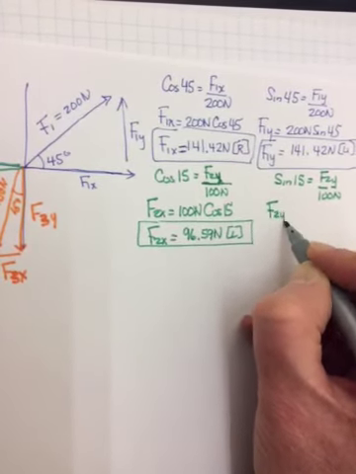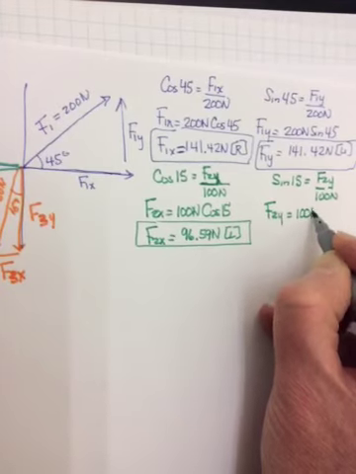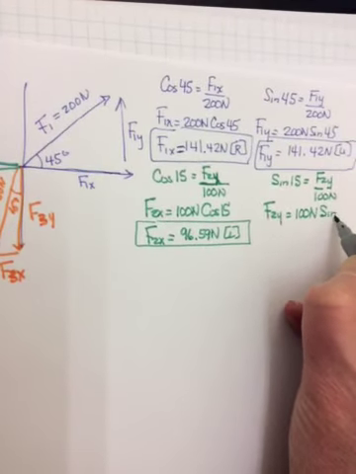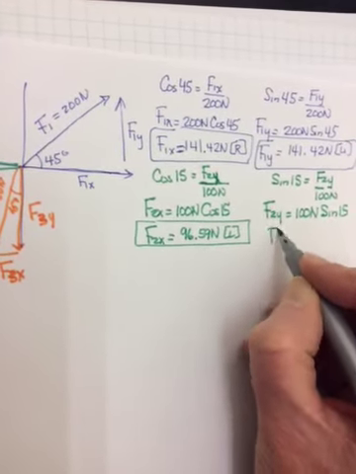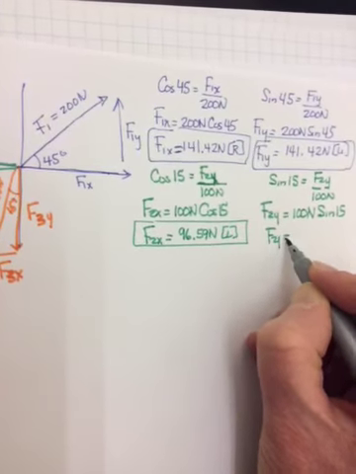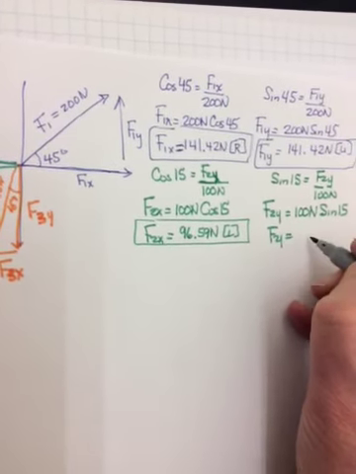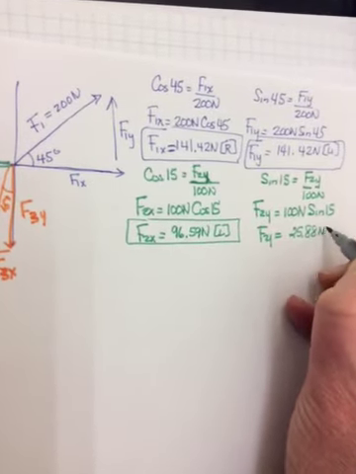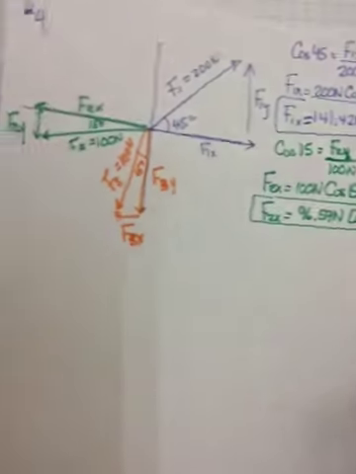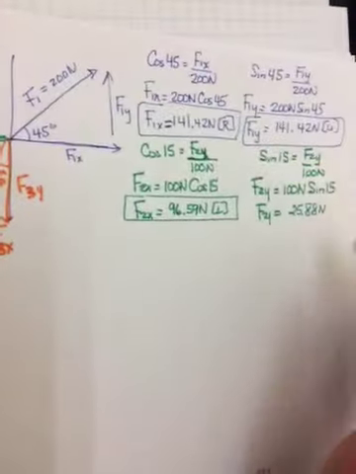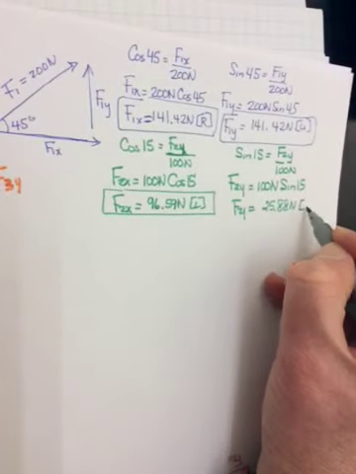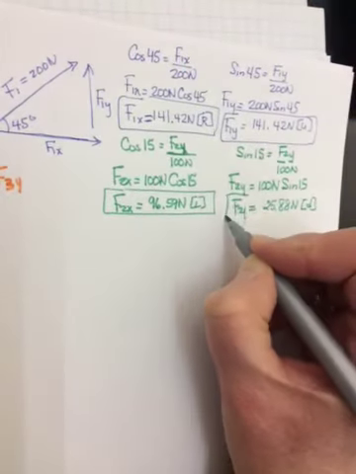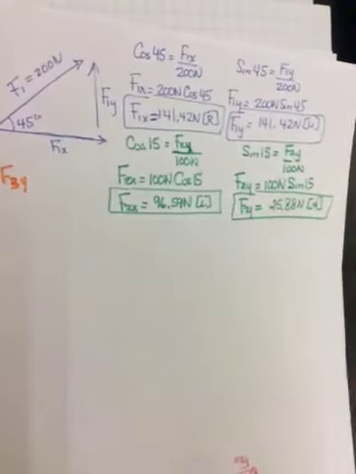So F2y is equal to 100 newtons times the sine of 15. Punch this into your calculator and get an F2y to be 25.88 newtons, and it is going down. Okay, so that's your F2y.